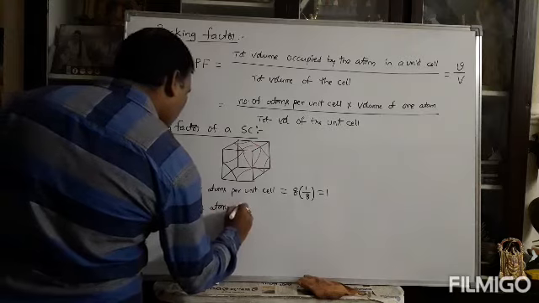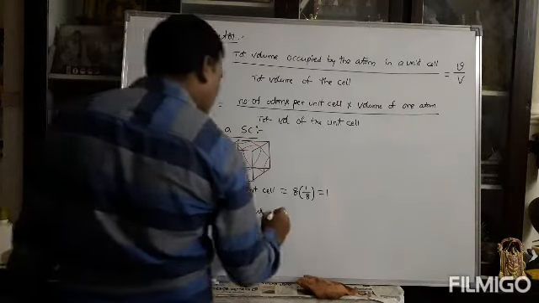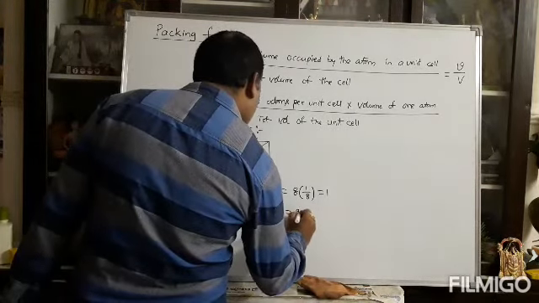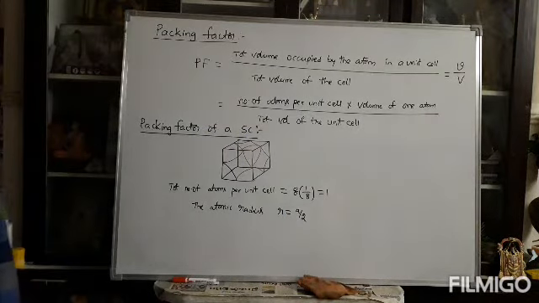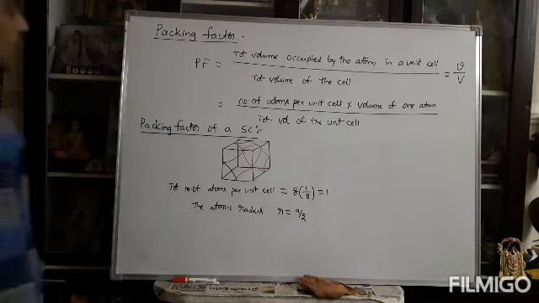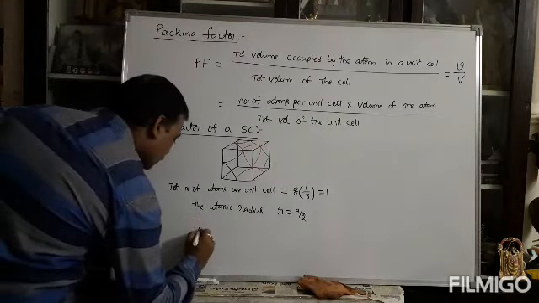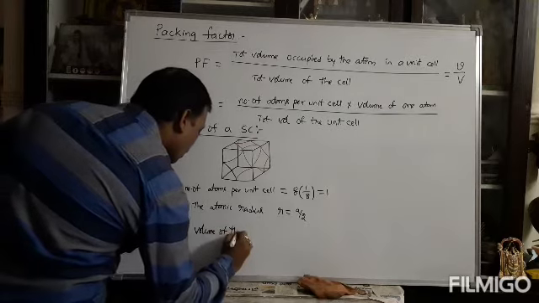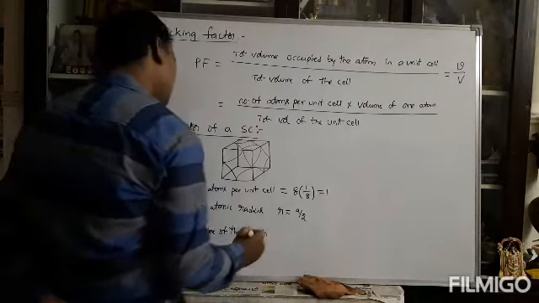The atomic radius in simple cubic structure, small r, is equal to a by 2. Next, we are calculating the volume of the atom in the unit cell.